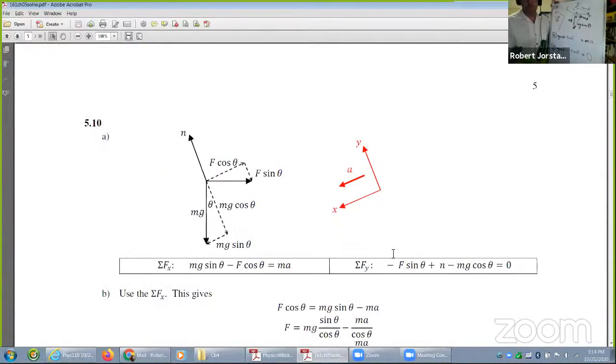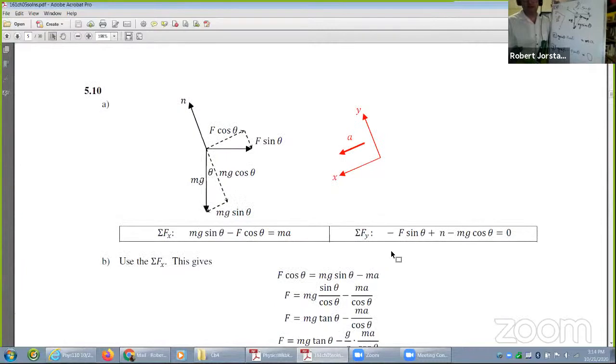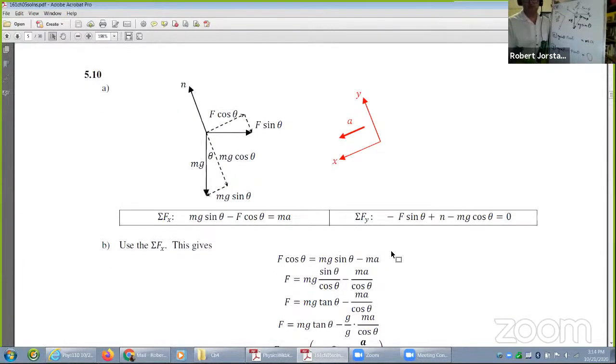So this one, does anybody see something that I did badly here in the picture?